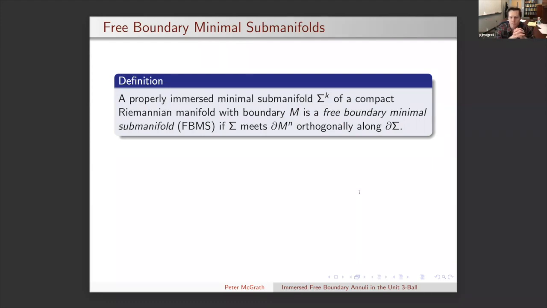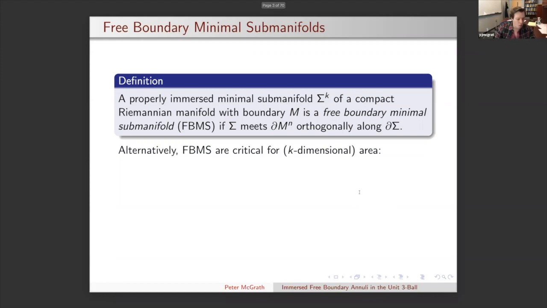I assume everything to be smooth, orthogonally. Such surfaces are called free boundary minimal surfaces or free boundary minimal submanifolds, if you like. And sometimes I'll use the abbreviation FBMS as some people do.